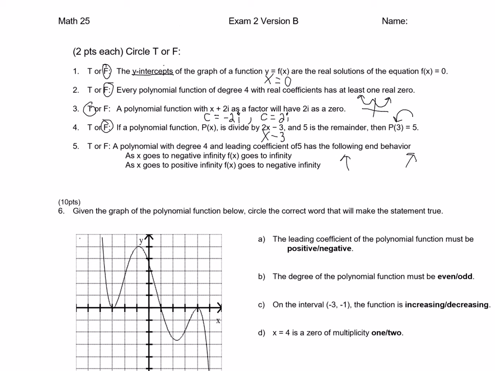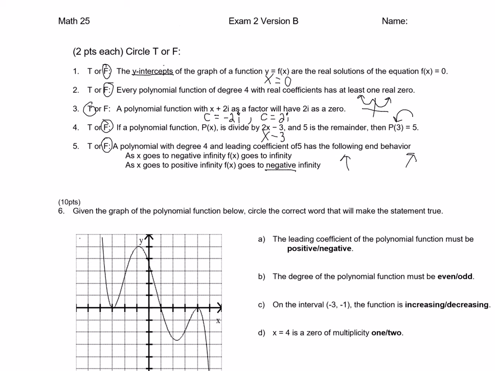It should say as x goes to negative infinity, f of x goes to positive infinity, so that's good. And as x goes to positive infinity, as we go to the right, f of x goes to negative infinity. Well, it should be going up to positive infinity. So this should be positive infinity. So this is false. There's a look at our true-false questions, 1 through 5.